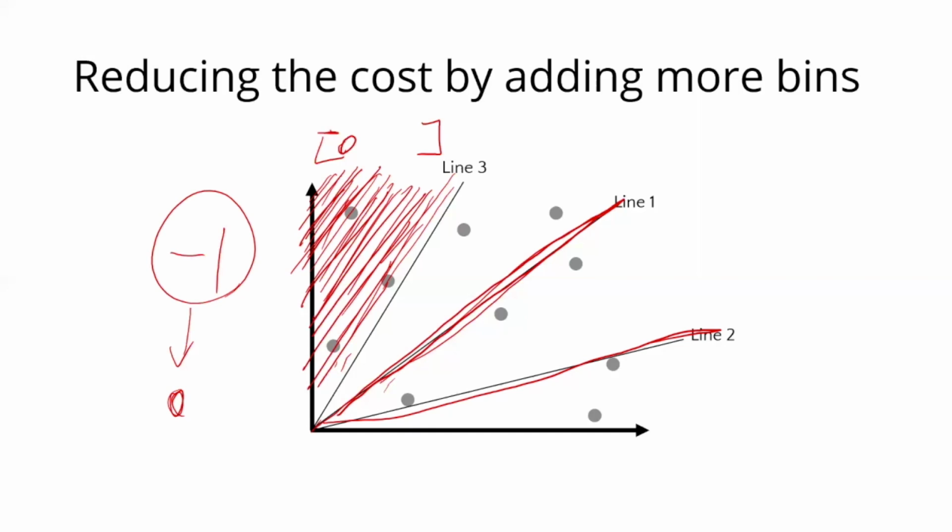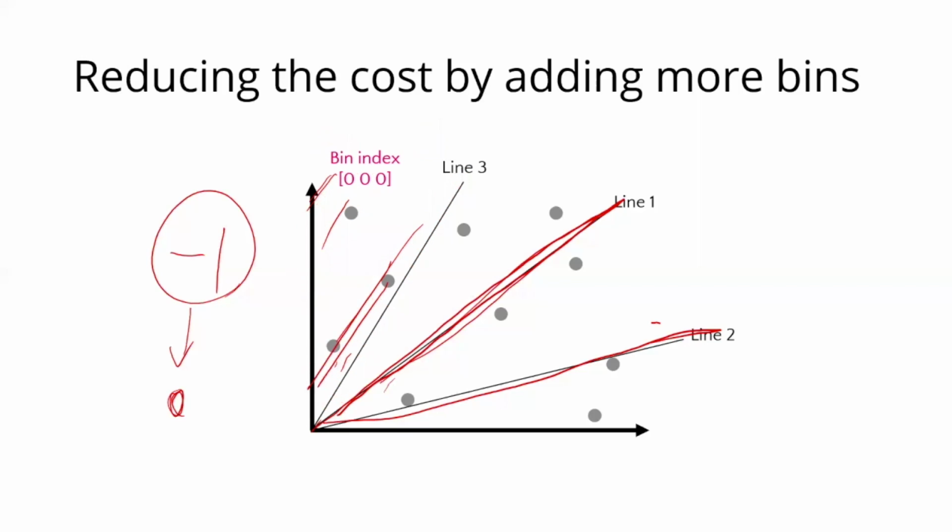So we're going to put another 0 over here. Similarly, if you look at line 3, this bucket is still above line 3, and for the same reason, the label for this bucket with respect to line 3 is 0. And finally, the bin index for that particular bucket is going to be 0, 0, 0.